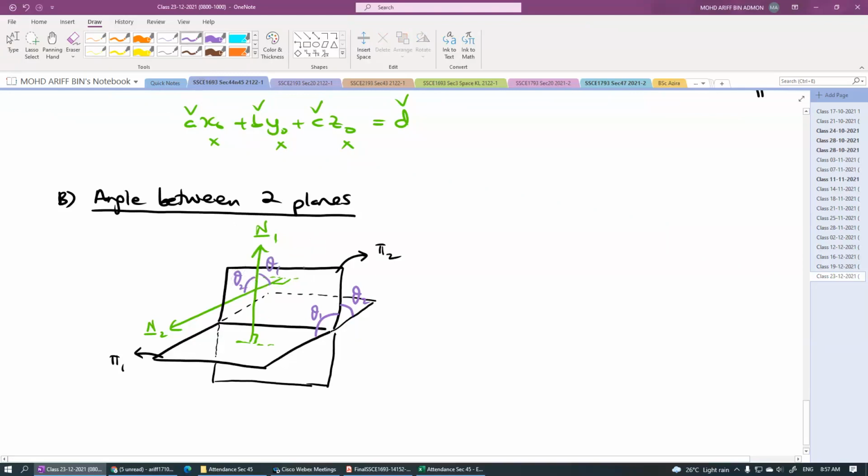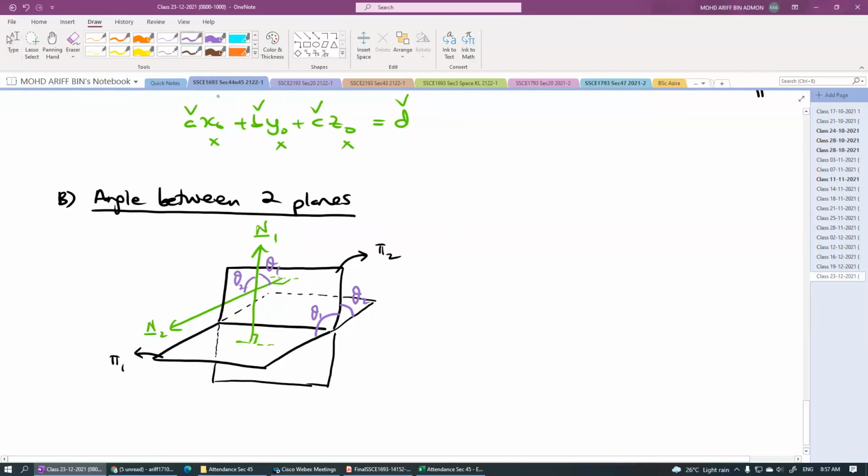But of course, you can give us any theta, either theta 1 or theta 2, because both still represent the angle between two planes. It doesn't matter whether you get theta 1 or theta 2, as long as it still represents the angle between two planes, it is acceptable. That is the need of our topic here, angle between two planes.